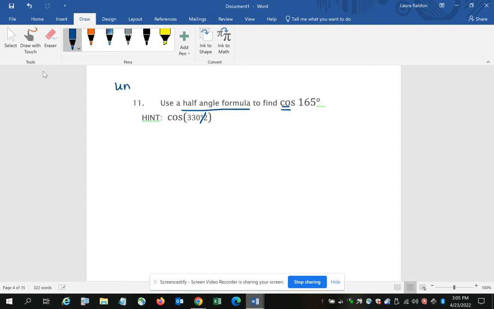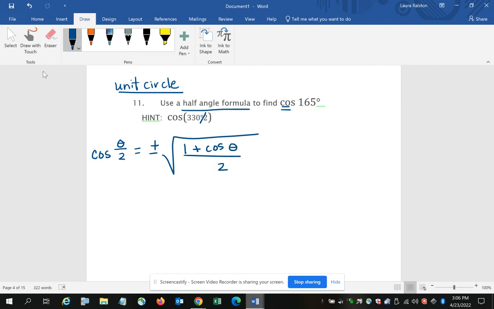So for these problems, most likely you're going to be using the unit circle. So I need the half angle formula for cosine. The cosine of theta divided by 2 is plus or minus the square root of 1 plus the cosine of theta all divided by 2.